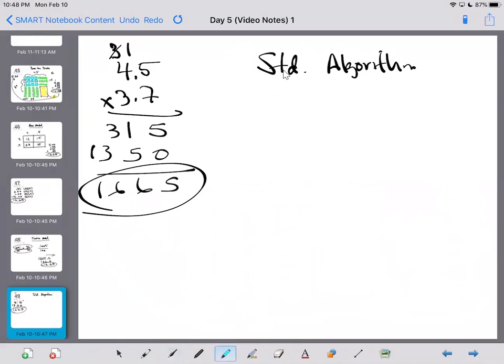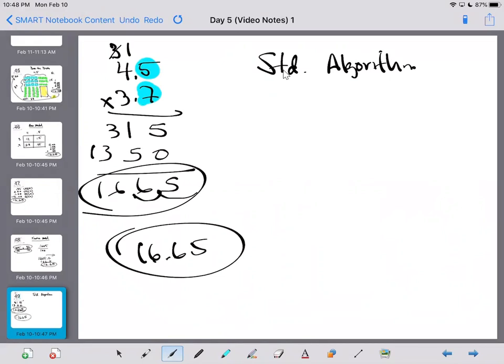So we notice that we have a tenth, which, how did we get that? We took 45 and divided it by 10. So we need to divide this number by 10, and we know that the decimal point would end up there. But we also see that with 37 divided by 10 gives us 3 7/10. So we need to divide it by 10 again. So that's going to give us the 16 65 hundredths.